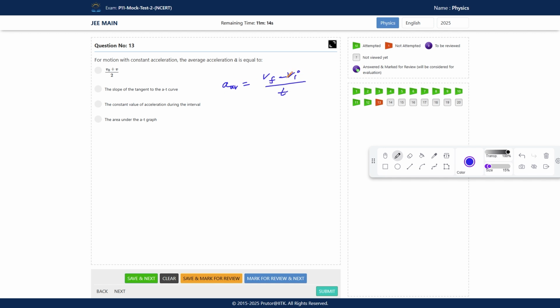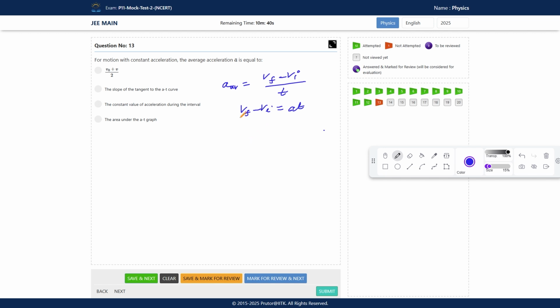So when we rearrange it, you will get Vf minus Vi. So wait a minute. So here a is equal to Vf minus Vi, which is the change.